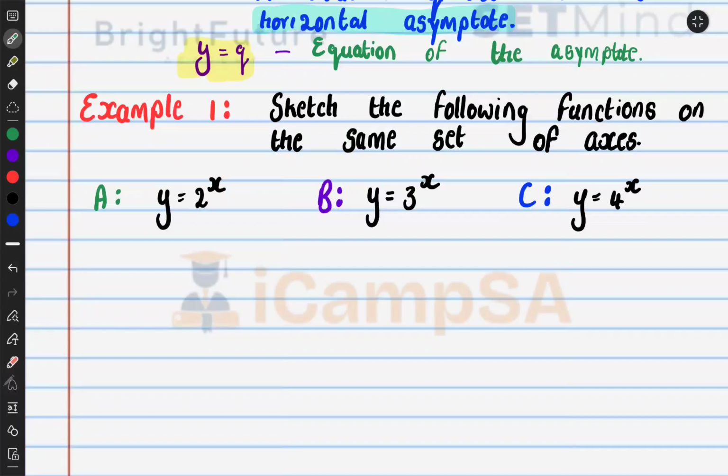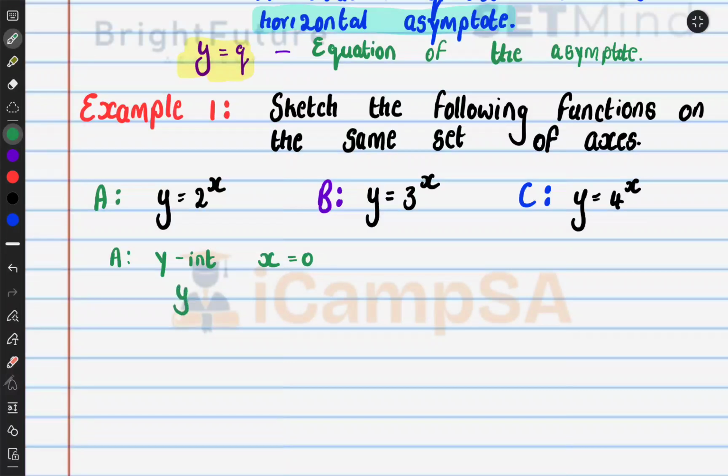So we have already identified that. What we need to find now is the y-intercept. So for function number a, for the y-intercept we equate x is equal to 0.